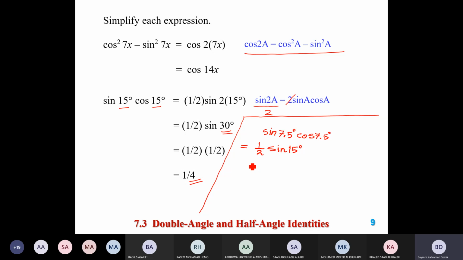So, well, I know already sine of 15, right, Shabab? Do we remember how to calculate sine of 15? 60 minus 45. So we have the option to calculate sine of 45 minus 30, right?